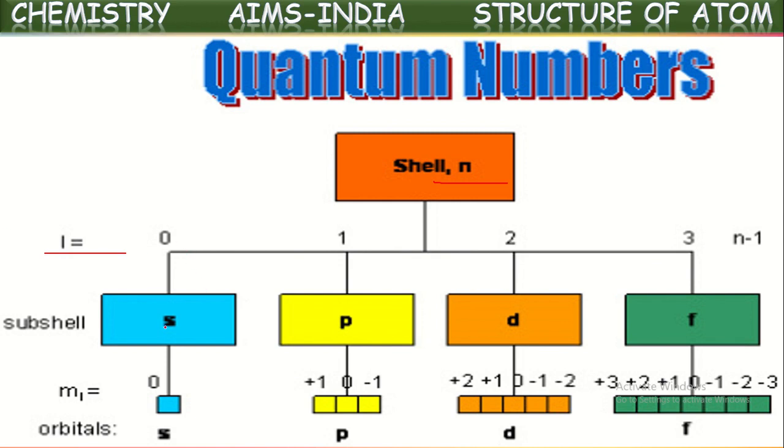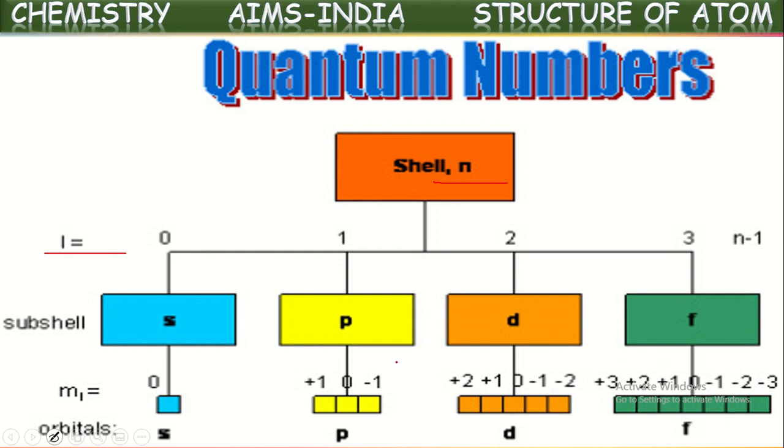The s subshell has only one orbital, the p subshell has 3 orbitals px, py, pz, and the d subshell has 5 orbitals. In this way, as the subshell value increases, the number of orbitals gradually increases. These orbitals are given by the magnetic quantum number m.